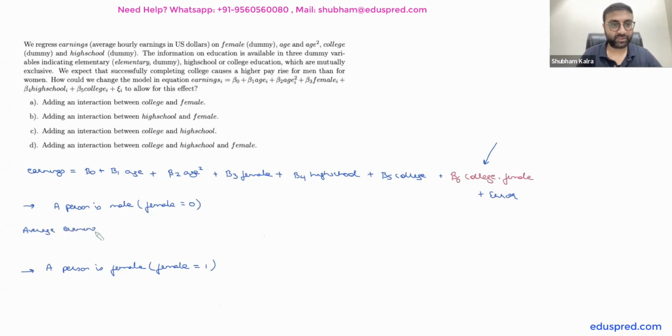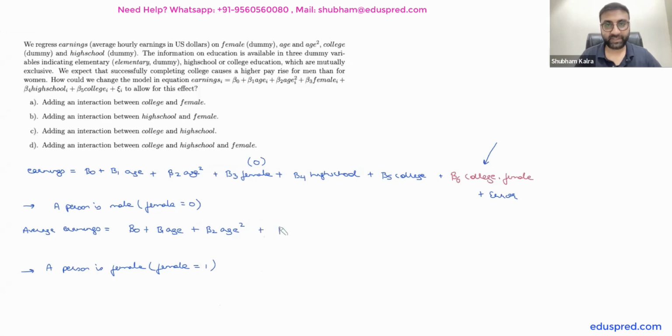Average earnings is equal to beta 0 plus beta 1 age plus beta 2 age square. Now, because we are working with a male, this female dummy variable will take the value 0. So beta 3 multiplied by 0 will just become 0, and this term will vanish.